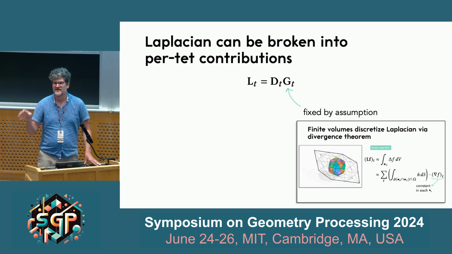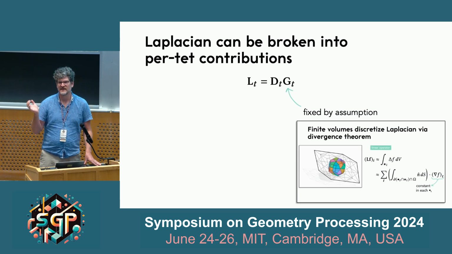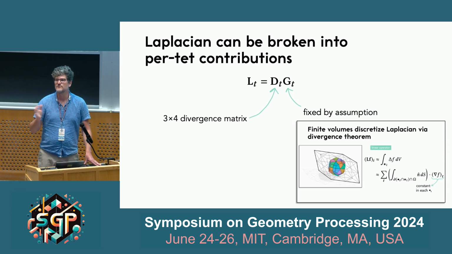Remember, we said that the gradient was fixed or assumed to be constant inside of every tetrahedron. So regardless of the choice of centers that we have for finite volume, this GT matrix is just fixed. So the degree of freedom that we have here is in the DT matrix. And I've called this D to allude to the fact that we can think of this as a divergence operator.